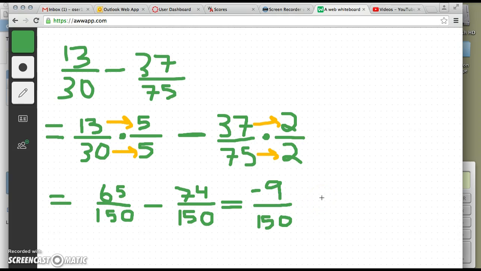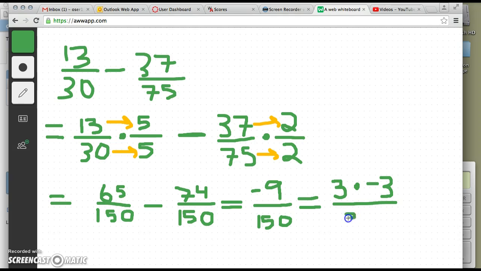Okay, so the last thing we would need to do here, guys, would be to reduce our answer as much as we can. I can tell that both of these numbers have a factor of 3. We know that 3 times negative 3 would get us negative 9.